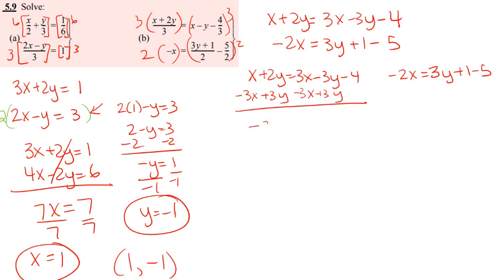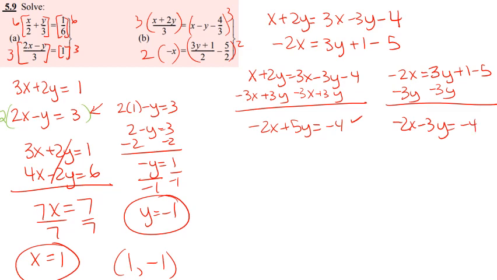And so that's going to be negative 2x plus 5y equals negative 4. So now that's in standard form. Okay, so the next one, I'm going to subtract 3y. And I'll get negative 2x minus 3y equals negative 4. And the negative 4 was combining my like terms. And so now that's in standard form.